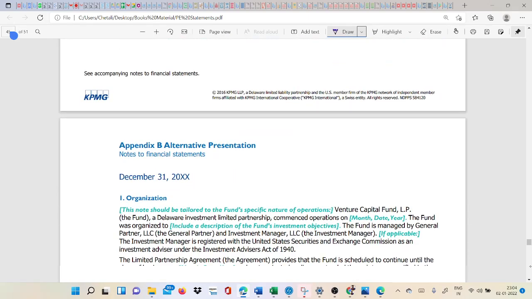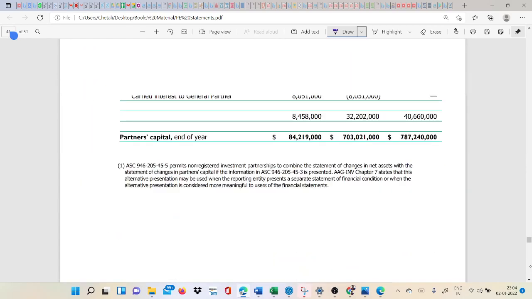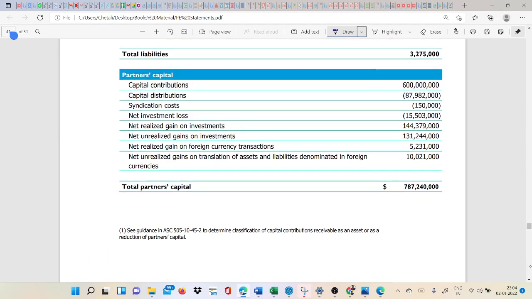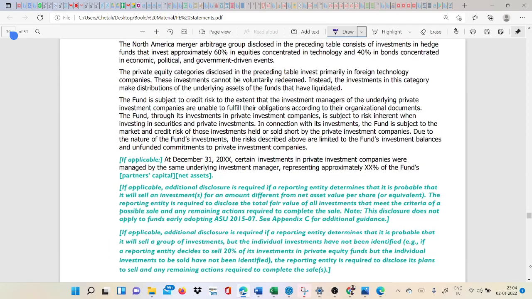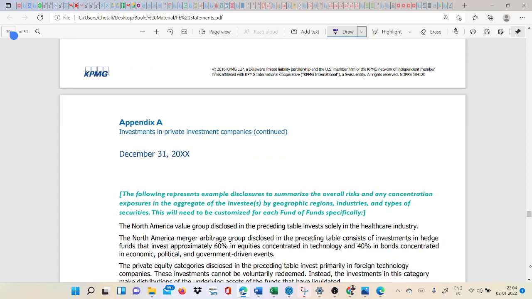Here also you can read about the organizations and all who do this. Here also you can read this appendix. Try to read all the appendix part. This is basically the description of how they have considered the factors to prepare the statement.